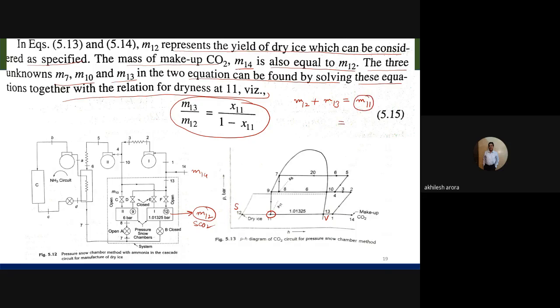M11 comprises of X11 into M11, where X11 is the vapor part, plus 1 minus X11 into M11, and that should be equal to M11. I think further when you solve it by putting M11 as M12 plus M13, you will be able to get this particular equation. You can try it actually. So this is how you can get it.